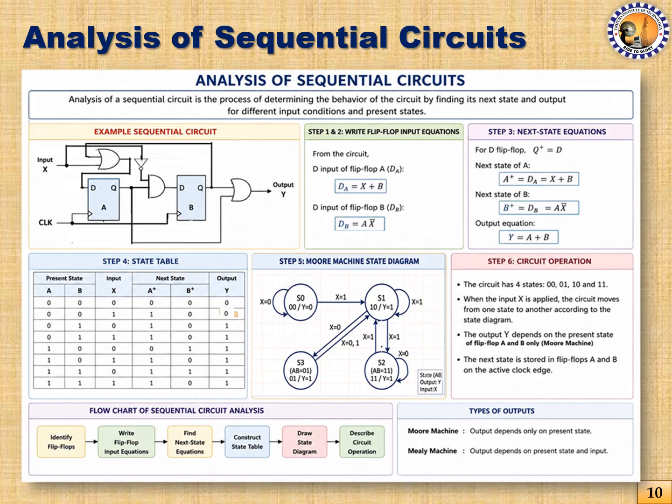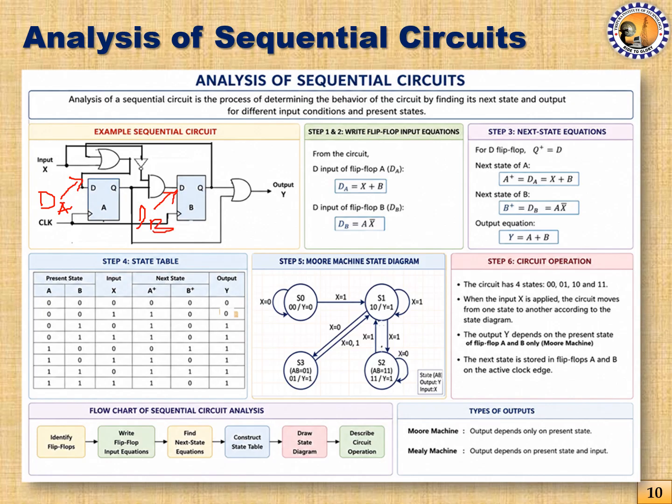So, first of all, we try to find out what the input expressions to the flip-flops are, over here and at this point. Here this is our DA. At this point, whatever we find is called DA, and at this point it is DB.